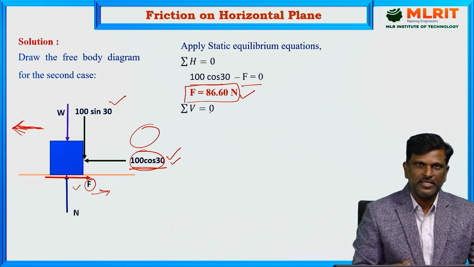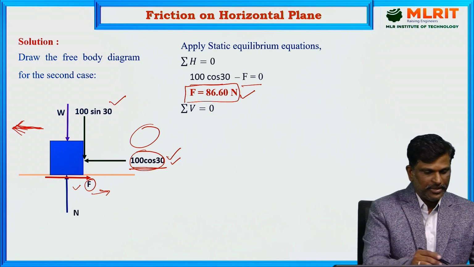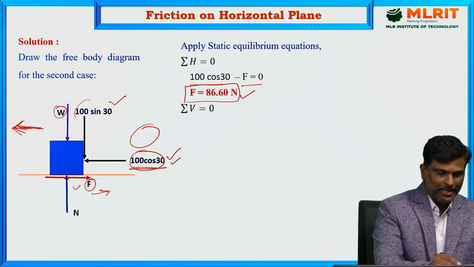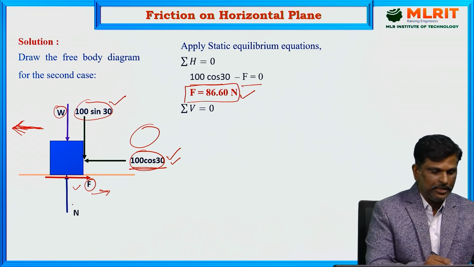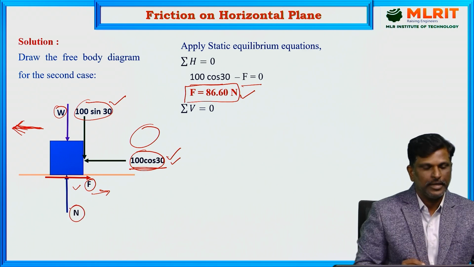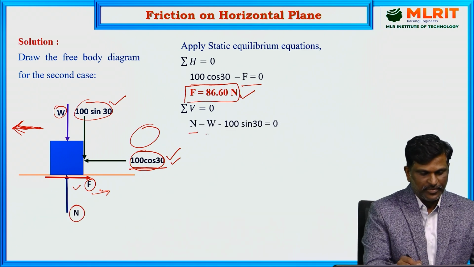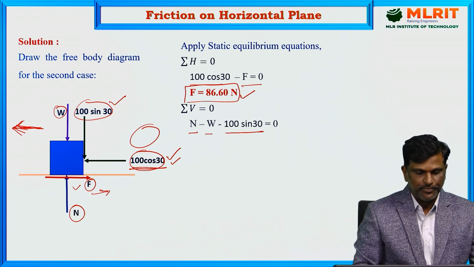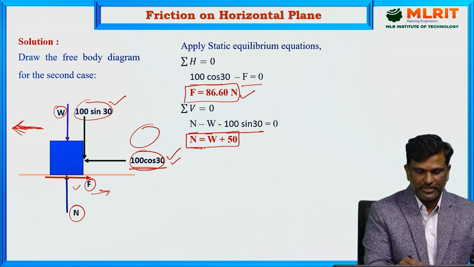Sigma V equal to 0: the sum of all vertical forces equals 0. Here we have three vertical forces. W and 100 sin 30 are acting vertically downward, and the normal reaction alone is acting upward. N minus W minus 100 sin 30 is equal to 0. N is equal to W plus 50.